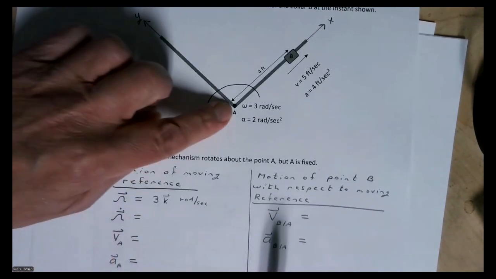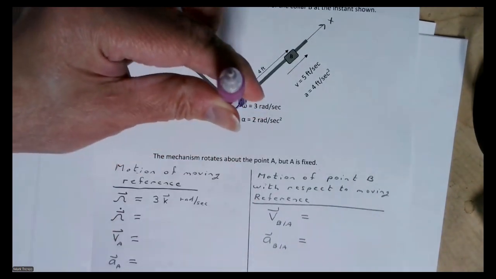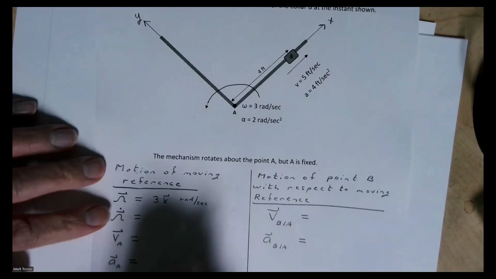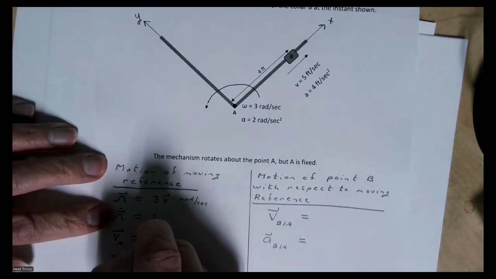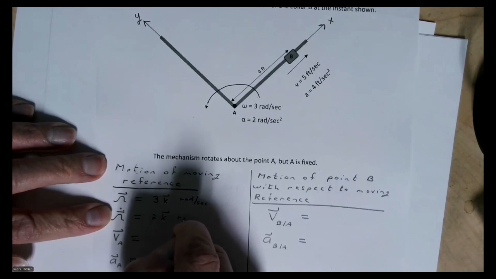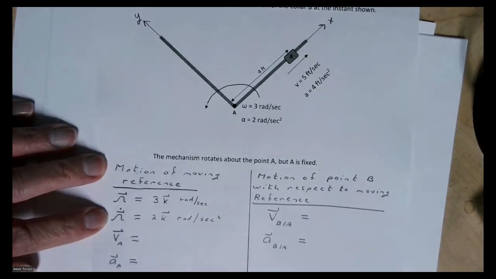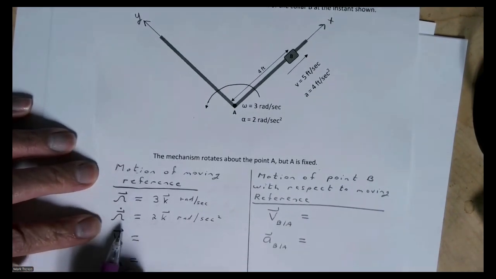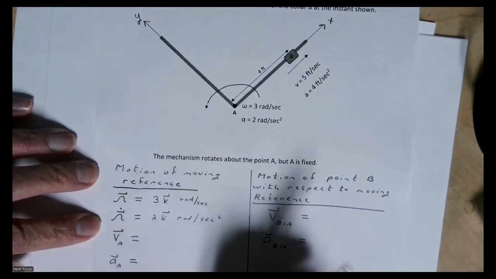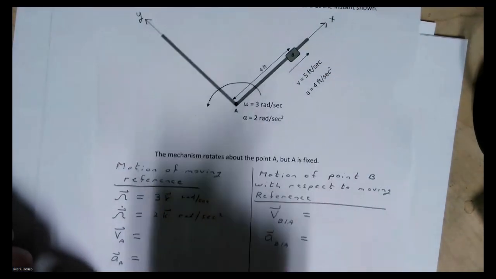And also the angular acceleration is 2 radians per second squared, which again is also about the Z axis. So that's going to be 2k radians per second squared. Again, that's of the whole body. We're not looking at the part that's moving on the body, which is this color. We're just looking at the whole body.